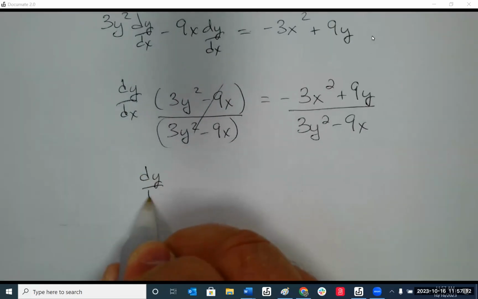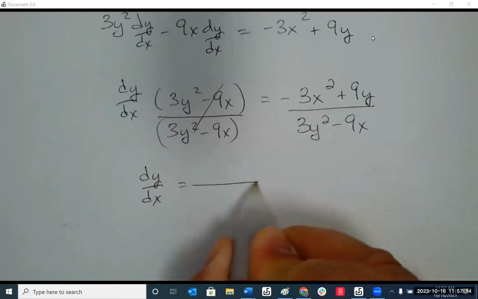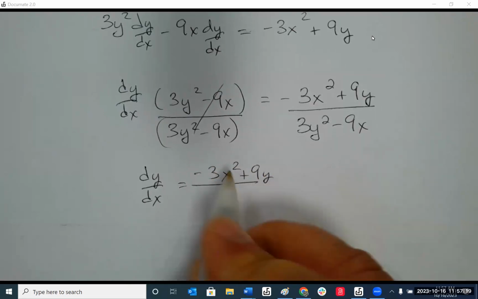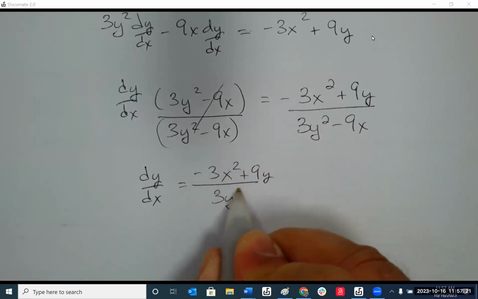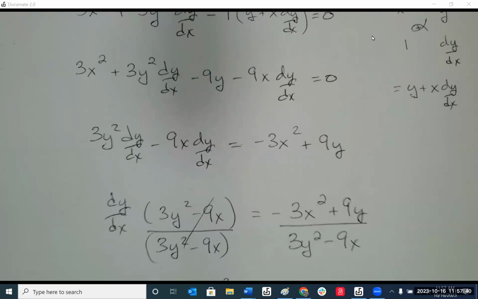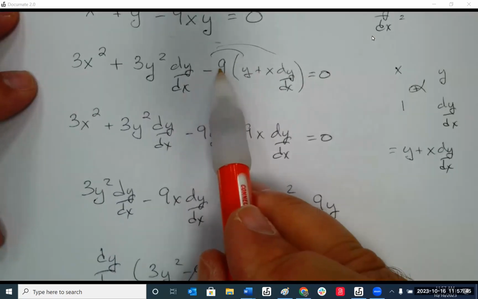So dy dx is equal to negative 3x squared plus 9... Shouldn't be plus nine? Plus nine, right? Because here was a negative 9 coefficient, so I distributed. Oh, yeah.